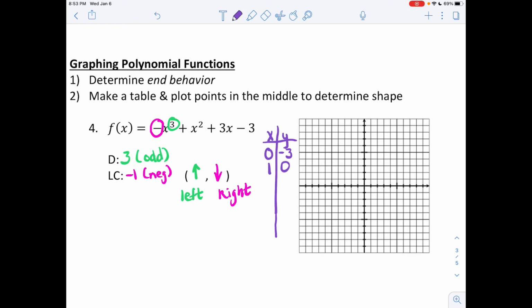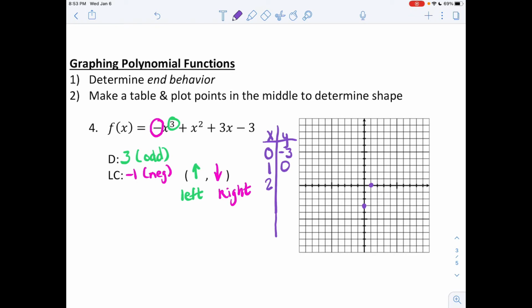Let's go ahead and plot those couple points so that we can start to see what our graph is looking like. So we know we have a point here, and we know we have a point at 1, 0. I'm going to go ahead and do another point at 2, because right now I can see that I am increasing. I want to figure out when I start decreasing, because sometimes we have to start heading towards -infinity. So let's go ahead and plot when x is 2.